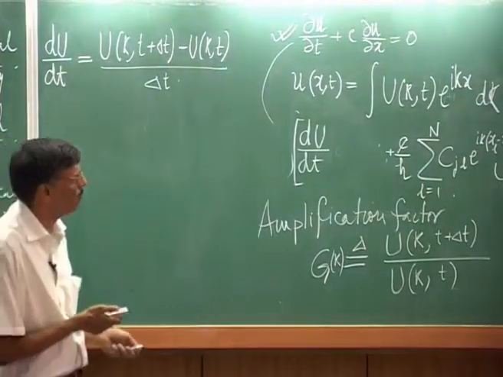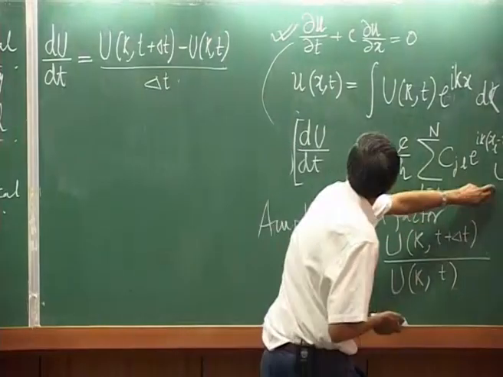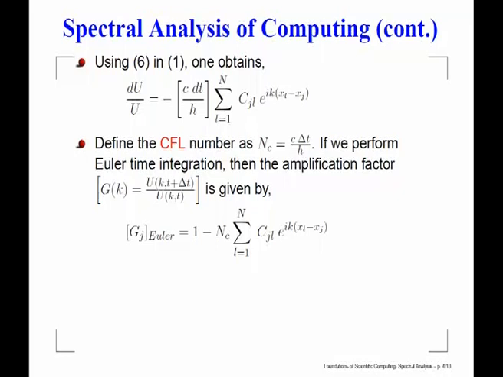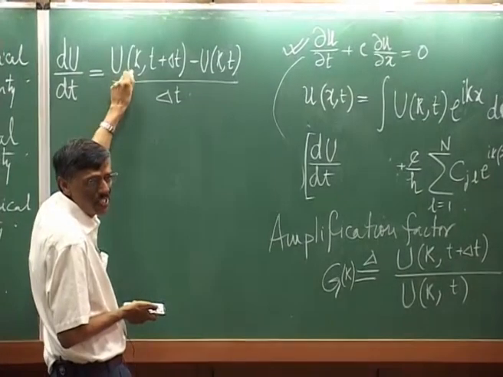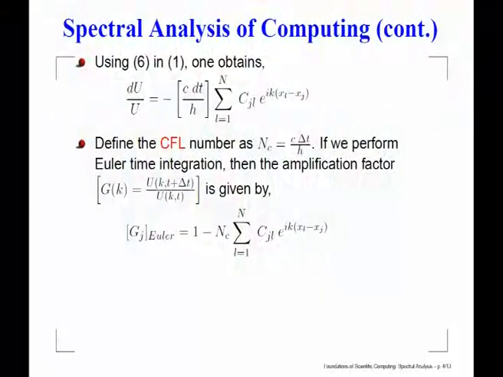Then of course, you can see this is the outcome, because there is a u sitting out there. So, I could pull it out and I get du by u equal to minus N C times this summation over this factor. What happens as a consequence? Of course, if I divide by u, this divided by u of k and t will give me g. So, g minus 1 will be equal to this factor. So, G will be equal to 1 minus N C into this factor.